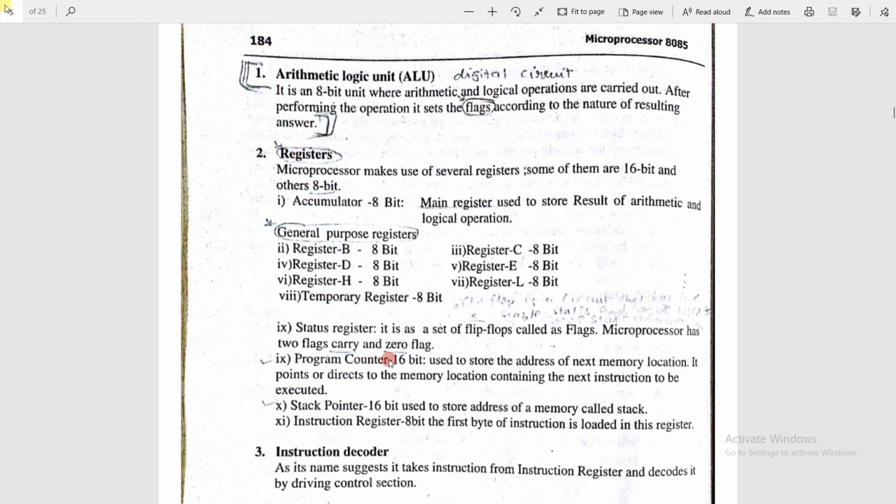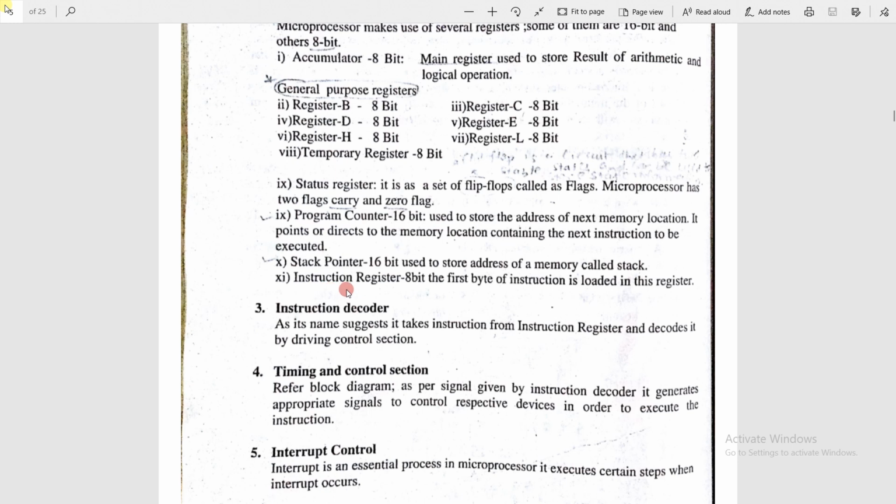So the stack pointer will store the memory where the processor had left its series of instructions and jumped to some other memory where another set of instructions was stored.